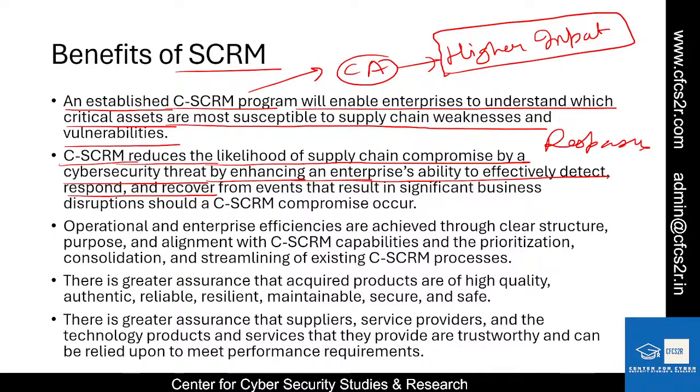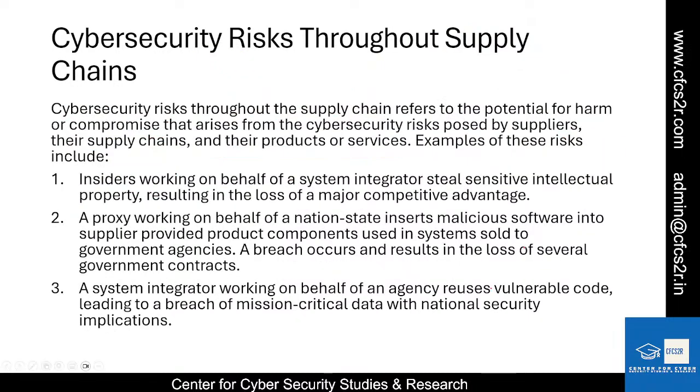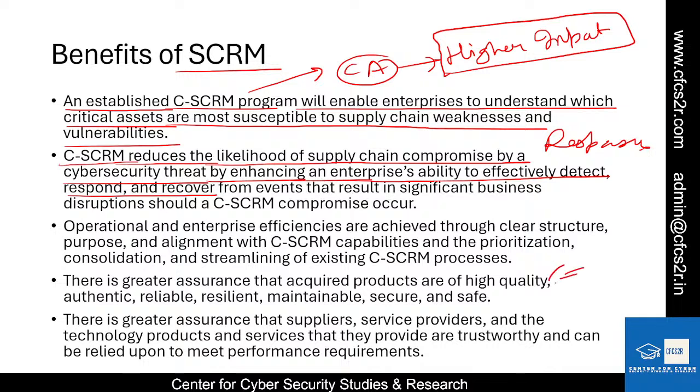You can put down a lot of processes in line with your existing CRM processes, and prioritize, consolidate, and streamline them to be in line with your existing risk assessment process and strategizing. Then there is greater assurance that acquired products are high quality, authentic, reliable, and resilient. The major output of the entire SCRM is that you are able to acquire high quality, authentic, reliable, resilient, maintainable, secure, and safe products.